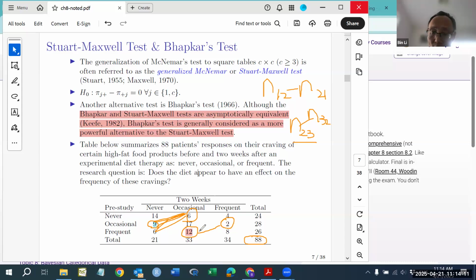Like here, the 12, you need to compare with 2. Then you can easily see, wow, there is probably a significant difference in switching from frequent to occasional, right? But for occasional to never, it doesn't seem to be that significant because 9 and 6 are quite close. Okay, so that's how you read the tables.